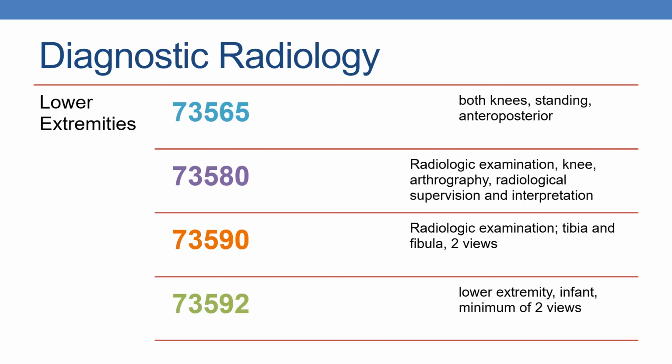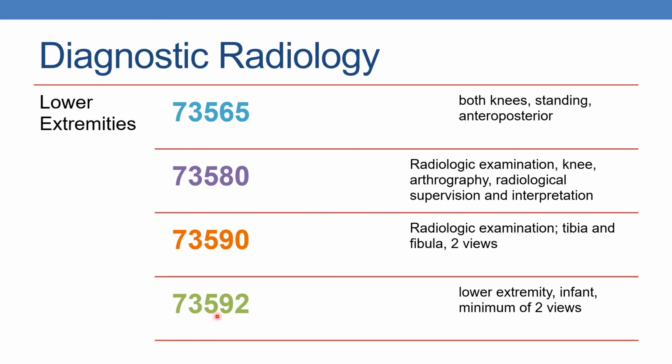The next is 73565, radiological examination both knees standing anterior posterior. The next is 73580, radiological examination knee arthrography, radiological supervision and interpretation. The next is 73590, radiological examination tibia and fibula, 2 views.